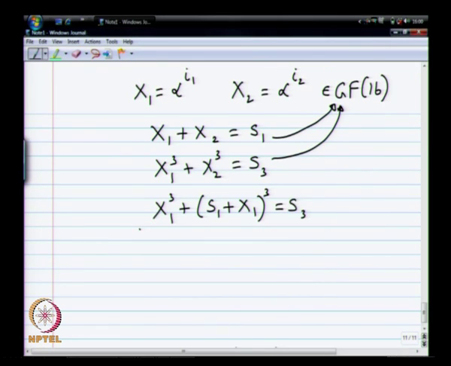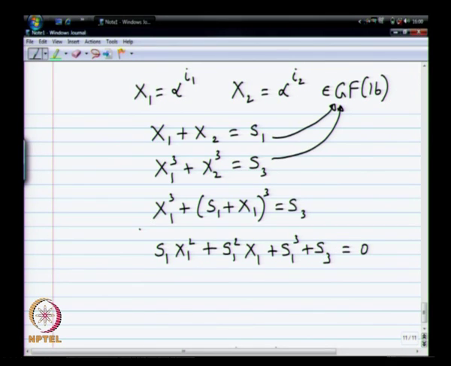So if you simplify this, you see that x1 power 3 cancels, which is nice. Then what else will you have? S1 x1 squared plus, well you have a 3 S1 x1 square, but 3 is same as 1 in my field, and then you have S1 square x1 plus S1 power 3 plus S3 equals 0.